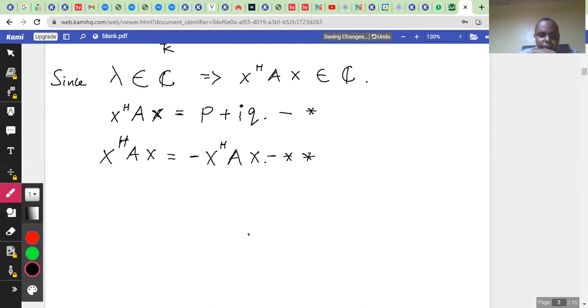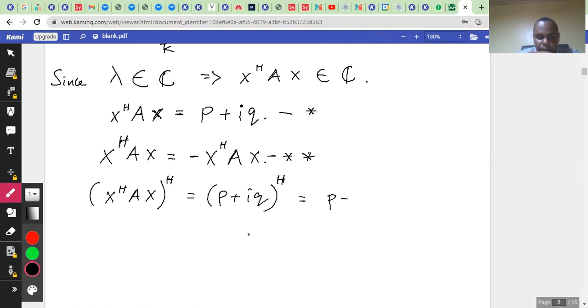Looking at the first statement, we can also say that x^H A x, we can take the Hermitian of this, equals p plus iq. We can also take the Hermitian of that, which will be equal to p minus iq, right?